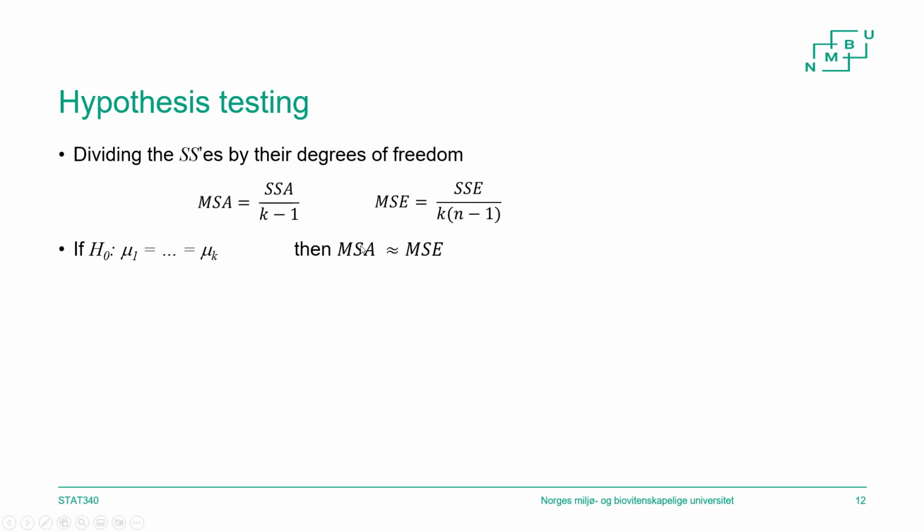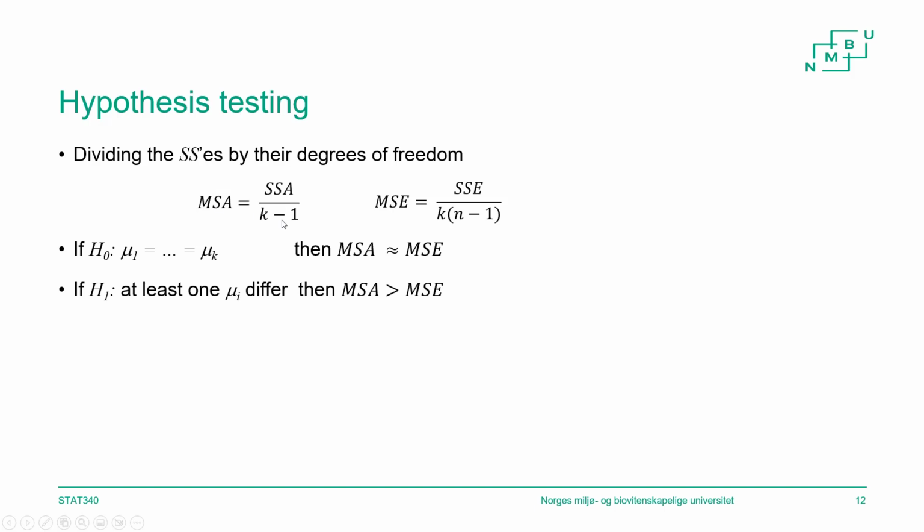And if you go back to the previous slide, it's intuitive, right? If there is no effect of factor levels, whether you compare within or between them, it's the same variation. So if the alternative is true, at least one of them differs, then this one here should be much bigger than the second one.